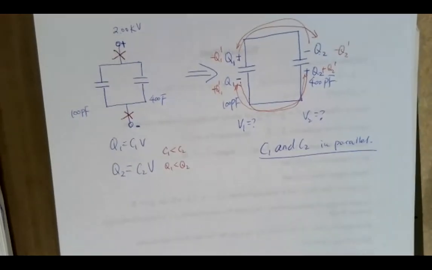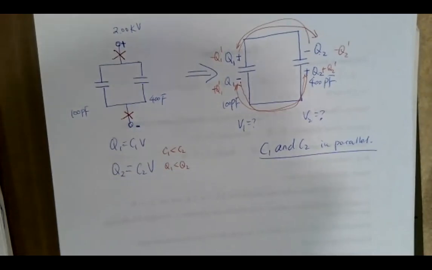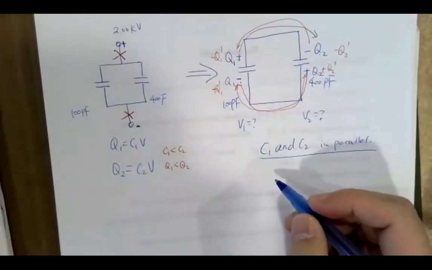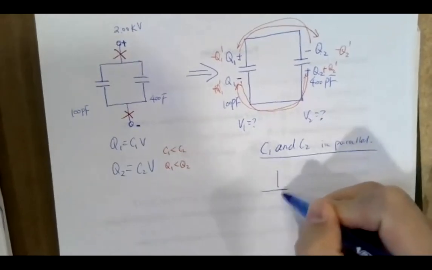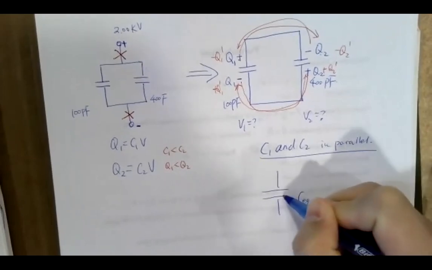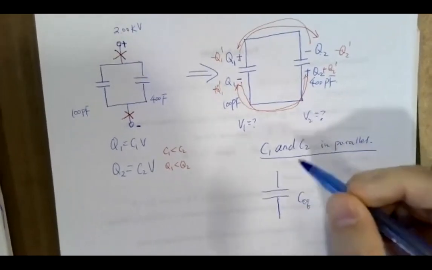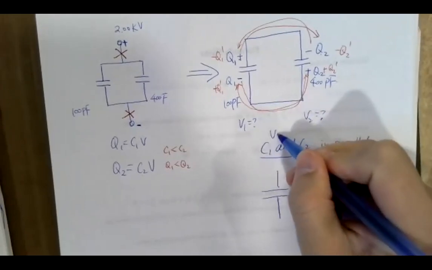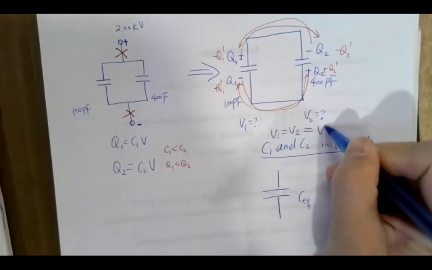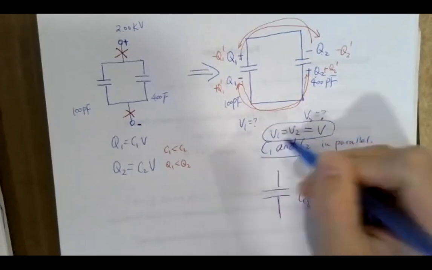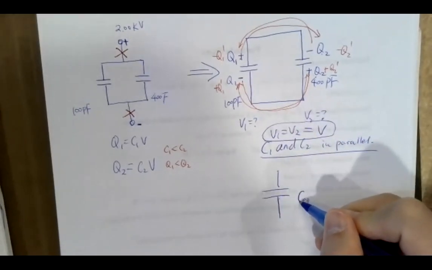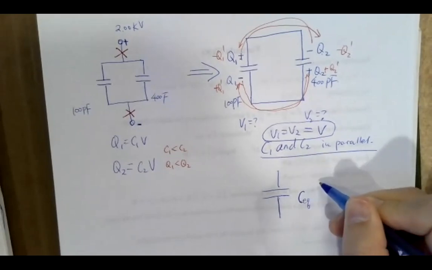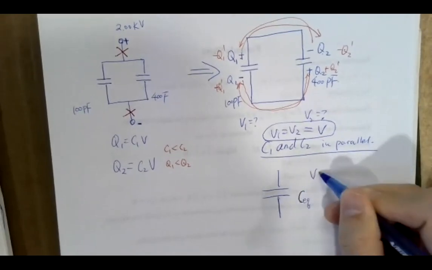All right. So if you figure that out, then we can treat them as an equivalent capacitor, just as a single capacitor, something like this, CEQ. Because V1 will be equal to V2 because they are in parallel, that will be equal to the V that you are looking for, the V across this guy, okay?